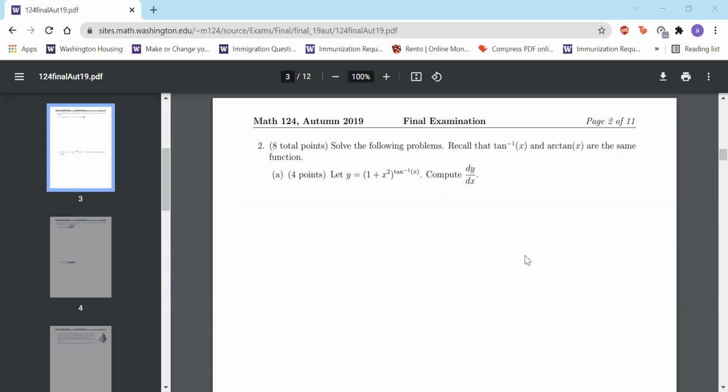Okay. So first one is the fall 2019 final exam. And then for problem 1A, it is the chain rule twice and the product rule.